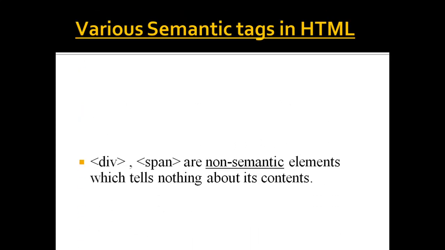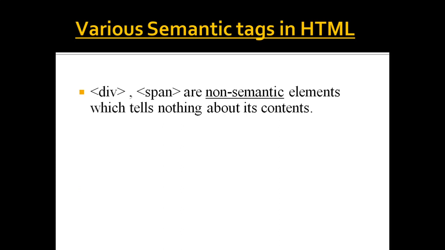We also have some elements in HTML which do not describe their meaning. Such elements are called non-semantic elements. For example, div and span are the elements which do not tell anything about their contents. So they are called non-semantic elements.